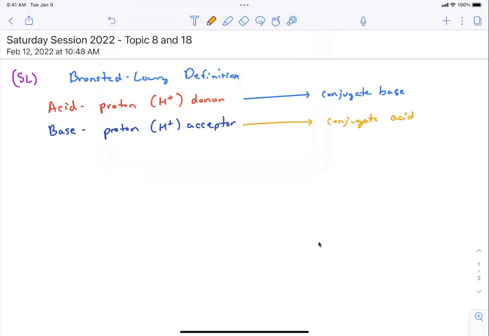Okay. And those two species in tandem are considered what's called a conjugate acid-base pair. I make the pause between conjugate and acid because I want to make sure it's distinctive that the word conjugate is not paired with the word acid in this term. It's conjugate, acid-base, and then pair.